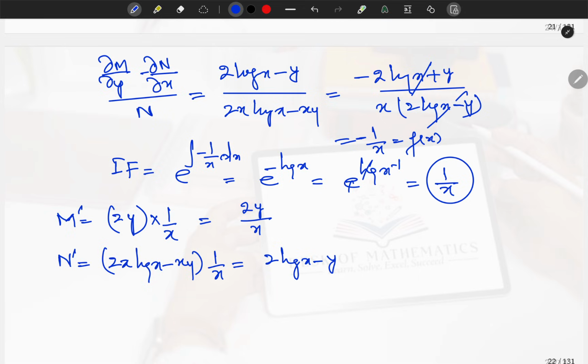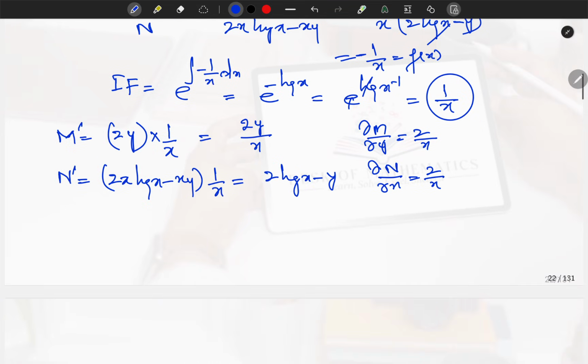So now it will become exact. So the solution you can write directly. If you check as well, ∂M/∂y will be 2 by x, and ∂N/∂x will be 2 by x. So what is the solution?